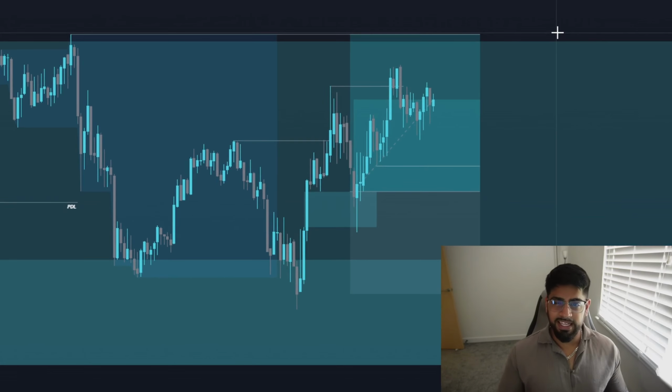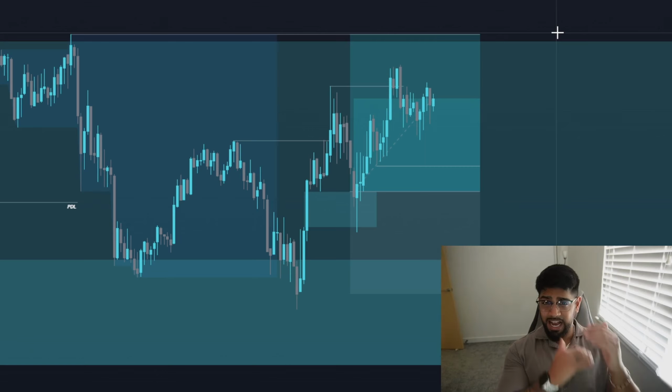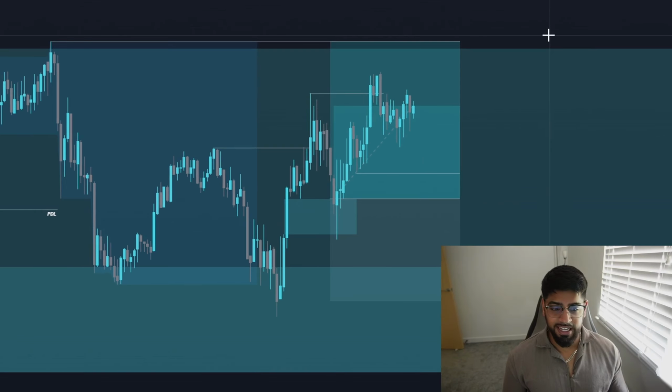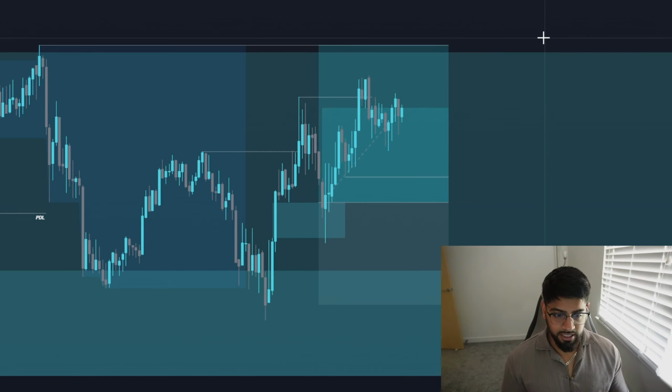So what this showed me is that not only do we have a higher time frame confirmation of the bias, we've tapped into higher time frame areas of interest, we've tapped into lower time frame areas of interest inside of the daily area of interest, and then we've had a 5-minute market structure shift after taking out liquidity from the Asia session range. You can see how many confluences are stacked on top of each other inside of this trade, and that is the entire reason why I ended up taking this trade.